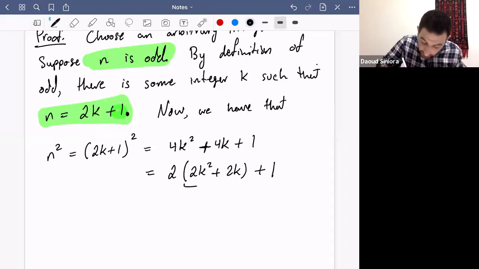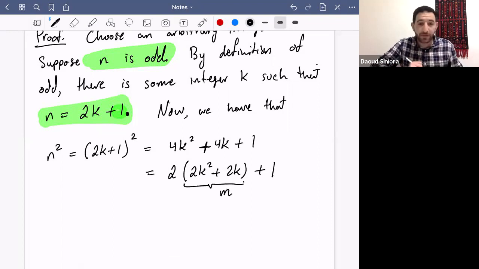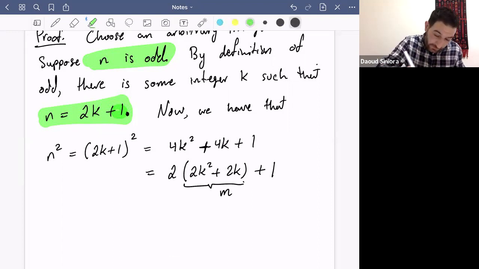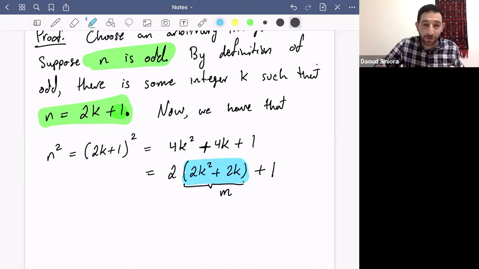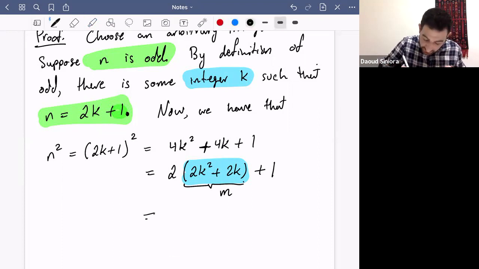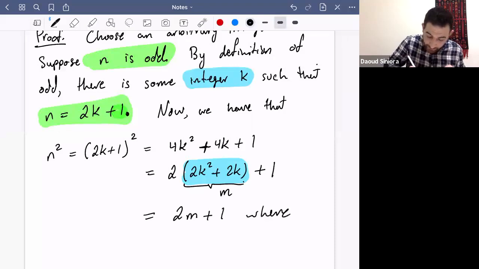Okay, now I can call this number m, and you see that m is an integer. So let me highlight it here. So this integer, this object is an integer. Why? Because k is an integer. Since k is an integer, then 2 times k squared plus 2k is also an integer. So this means that this is of the form 2m plus 1, where m is equal to 2k squared plus 2k, an integer.